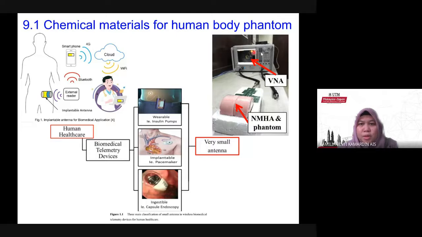So basically, this is the general setup for the antenna inside a human body phantom. This is the human body phantom that we have fabricated, and we put the small antenna inside this, and we measure the values using a vector network analyzer.